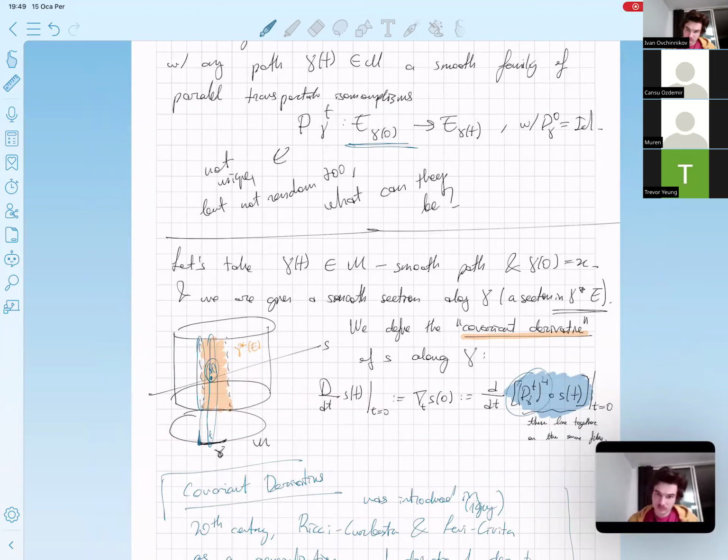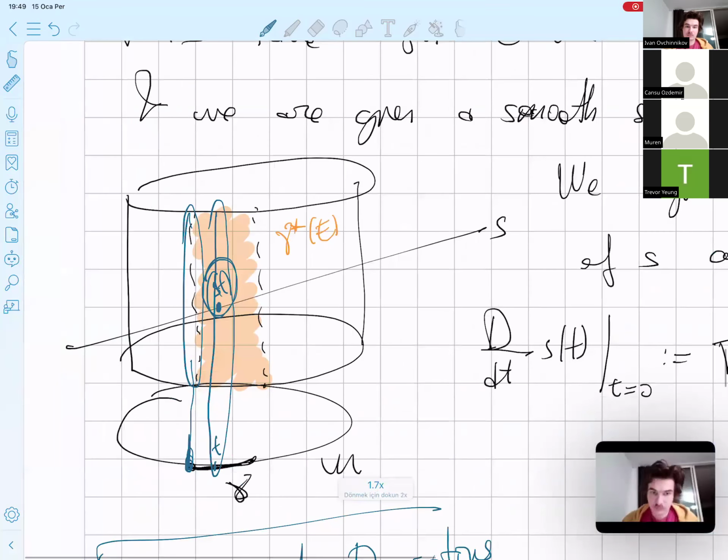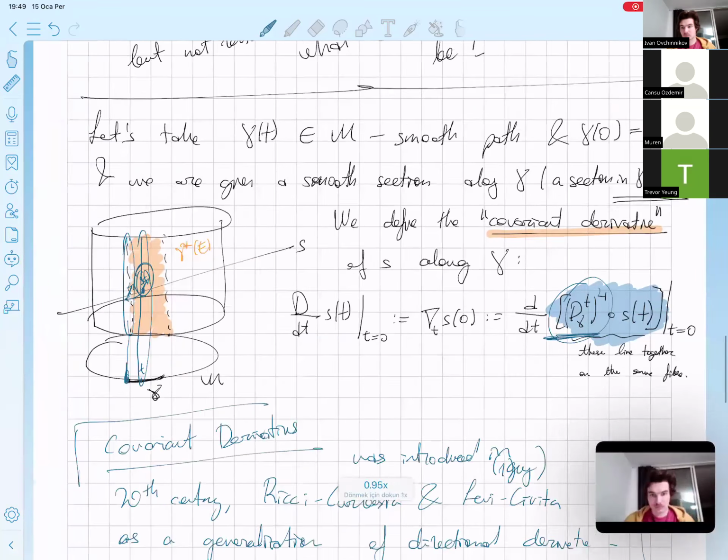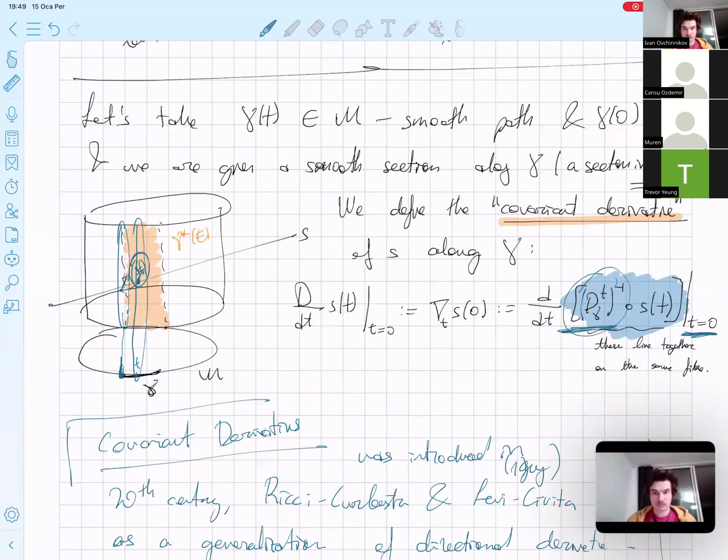So if S of t is here, and we look at the preimage of the parallel transportation, this means that whatever vector we have here, we carry it back to here, the starting point, which is why it's evaluated at t equals 0.